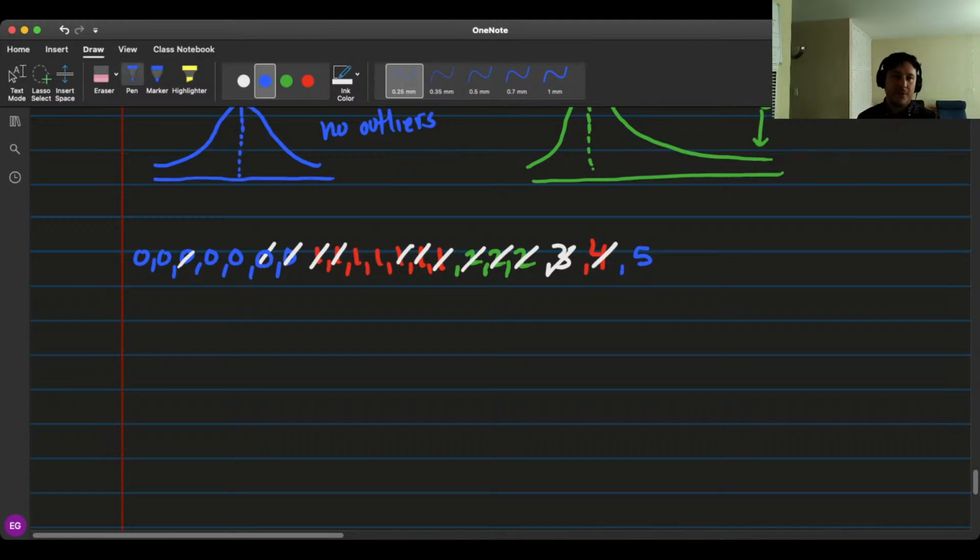Okay, so there's our numbers again. And the median was right here, in between those two ones. I'm going to write an M for the median. Does that make sense? M stands for median. Now the median has some interesting properties. How much of the data is to the right of the median?